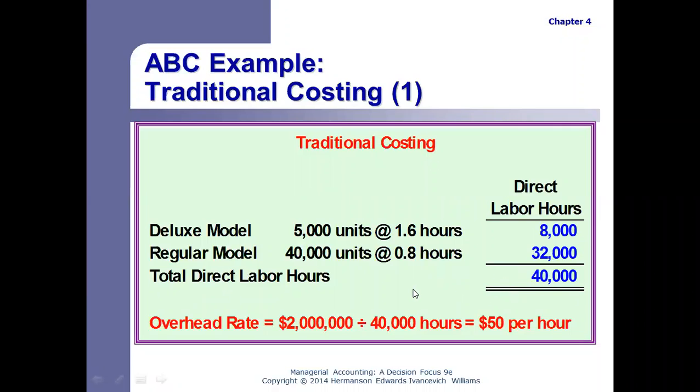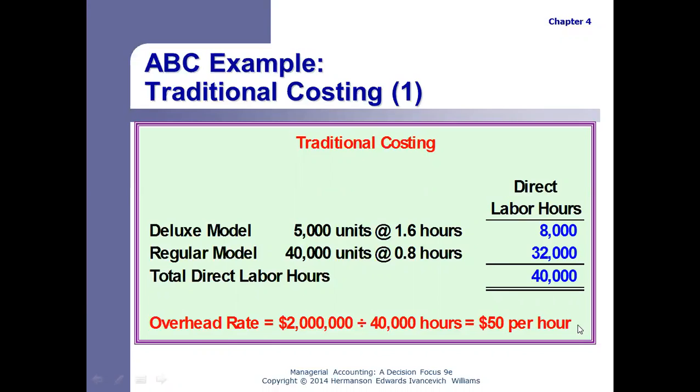So we simply take the $2 million overhead in total, divide by this 40,000 total direct labor hours, and we get an overhead rate of $50 per hour. That should actually say predetermined overhead rate, since we're doing this based on estimates. So that's the rate, $50 per each direct labor hour.